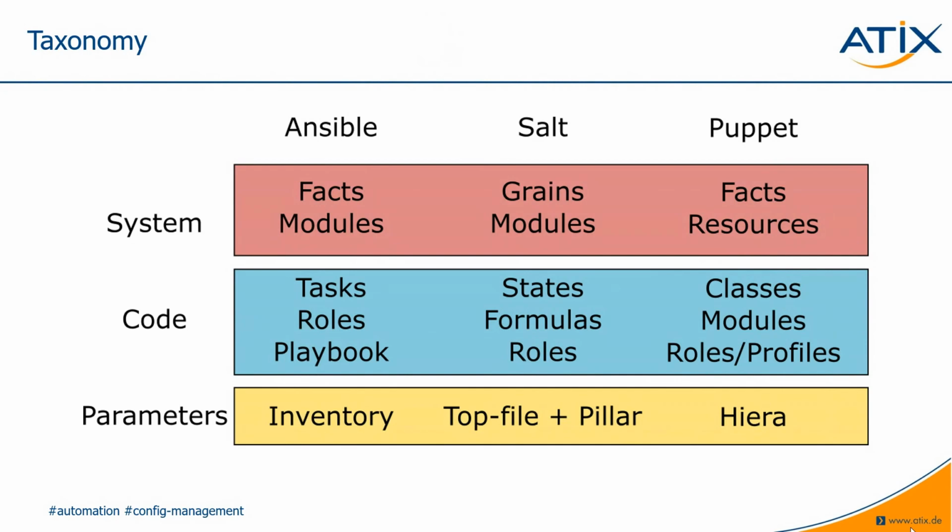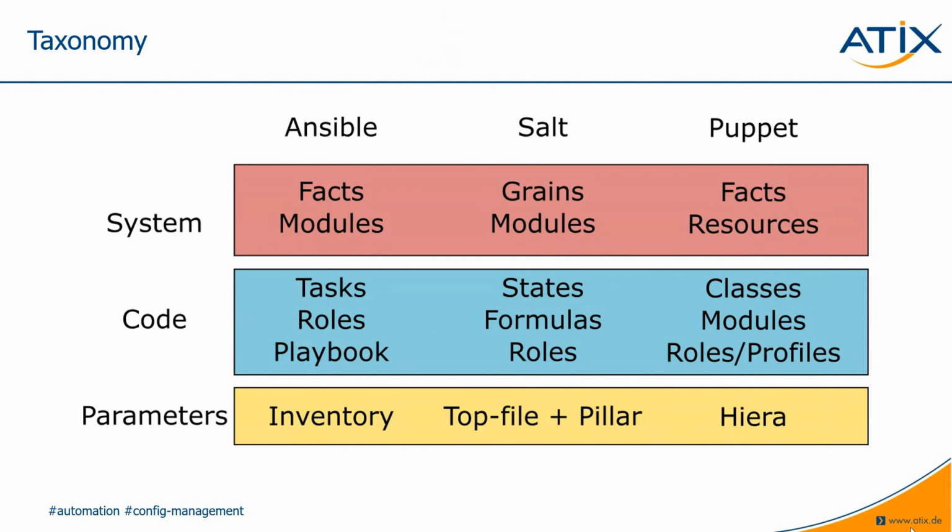But in the end, there is something called facts, which are functions running on your target system, collecting information which is then used, for example, by the Puppet or Salt master to identify a certain host system. All those facts can again be used inside of code or parameters to select what things are done or not done. So they are good for conditions, or to insert them into configuration.